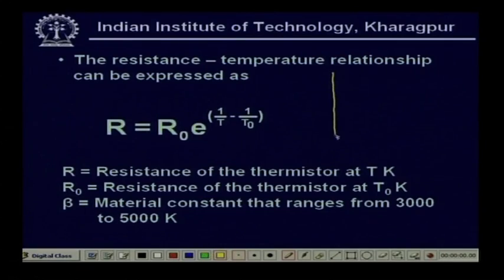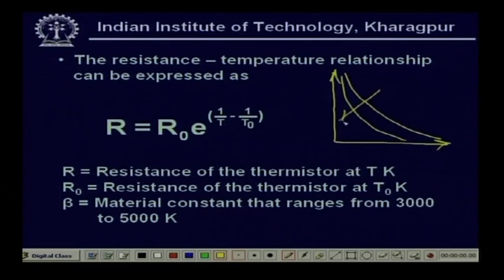Now, one thing is very interesting. It is not very difficult to find the value of beta, because I can measure the resistance at two known temperatures. So, obviously, from that I can find the value of beta. As the beta is higher, always people prefer beta to be higher. The reason is that if the beta is higher, the relationship will be sharper and sharper.